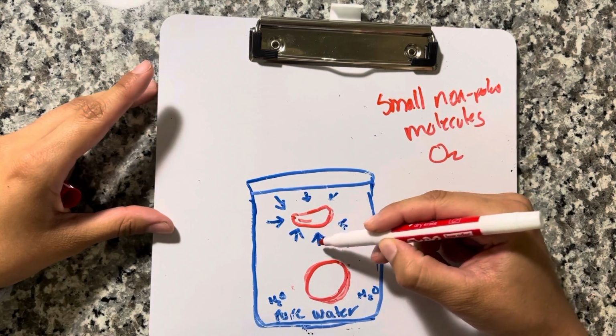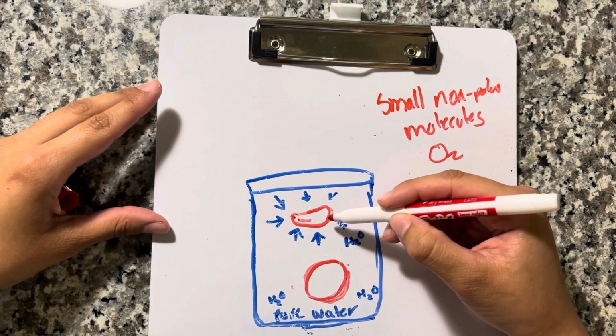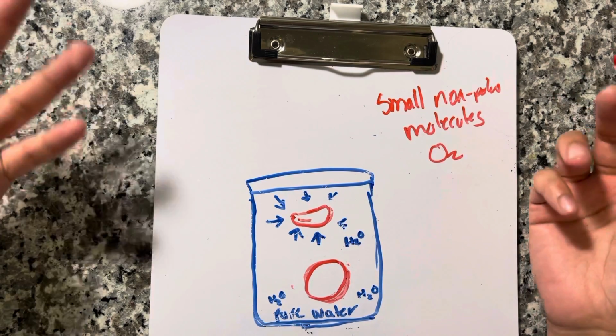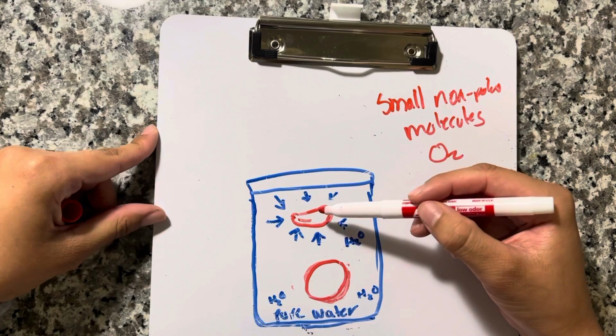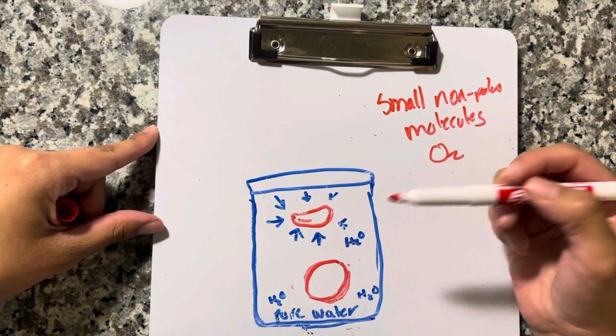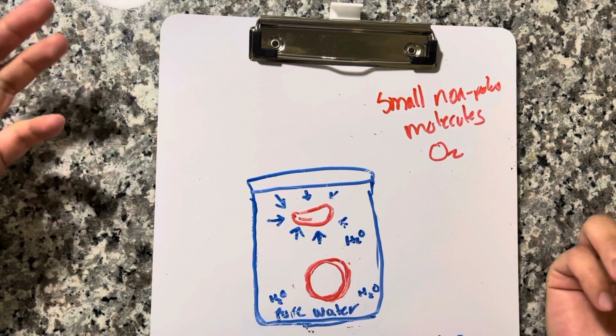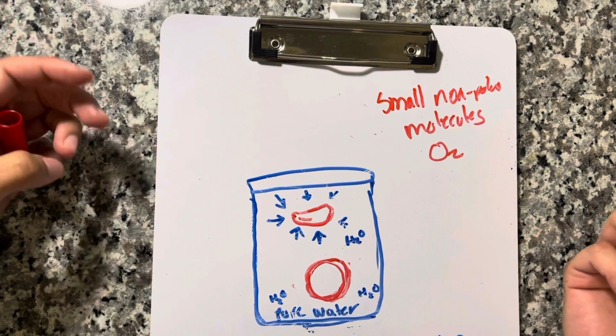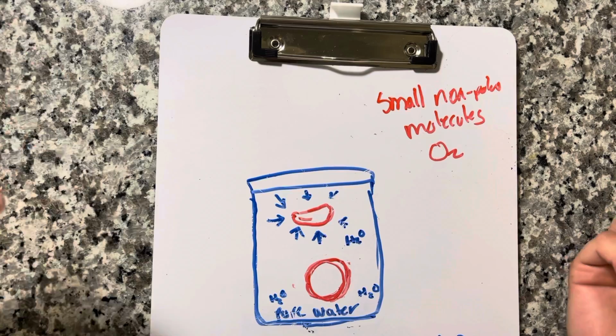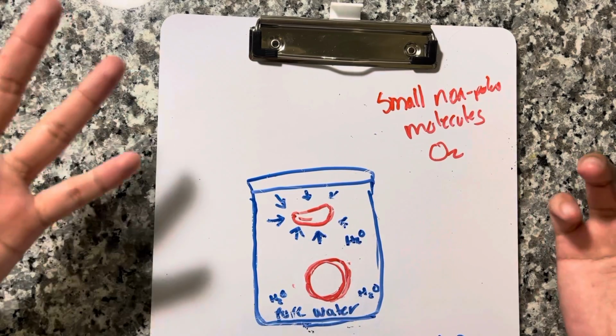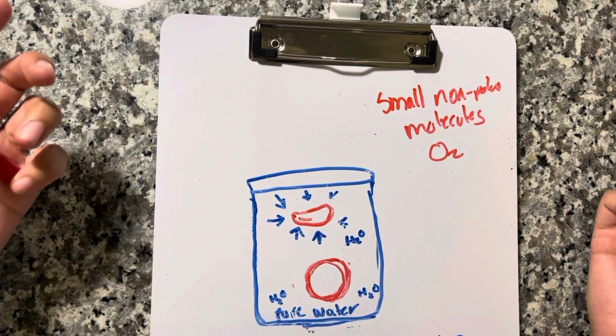So the water is going to move into the red blood cell to try to dilute the high concentration of sodium ions, but when it does that, it kind of causes the cell to swell up, which can cause the cell to burst. So this would be an example of a hypotonic solution.